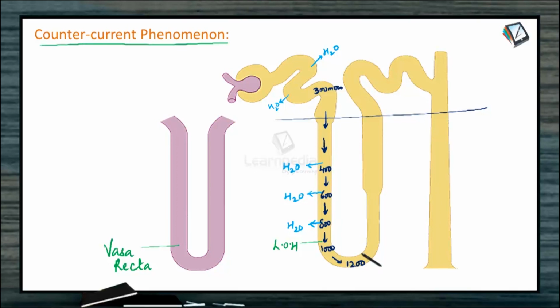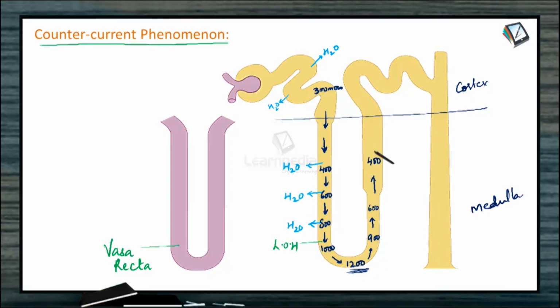Now as the fluid flows up, the concentration of 1200 milliosmoles in the medullary part is the highest at the tip of the loop of Henle. So it peaks at the tip of the loop of Henle. As it ascends, the concentration of the fluid decreases to 900, 600 and then to 400.